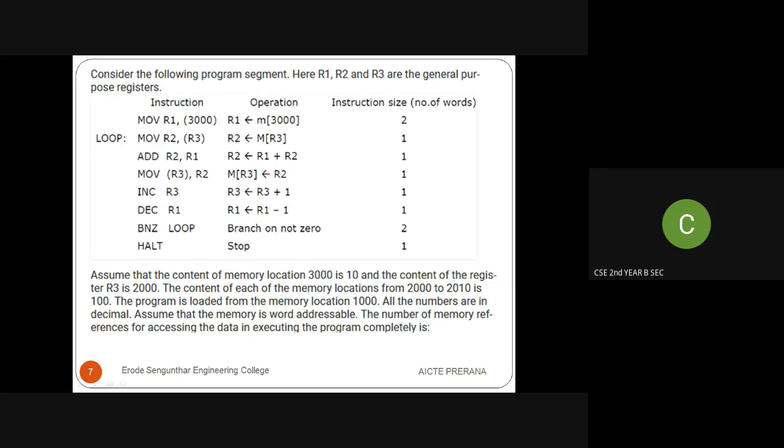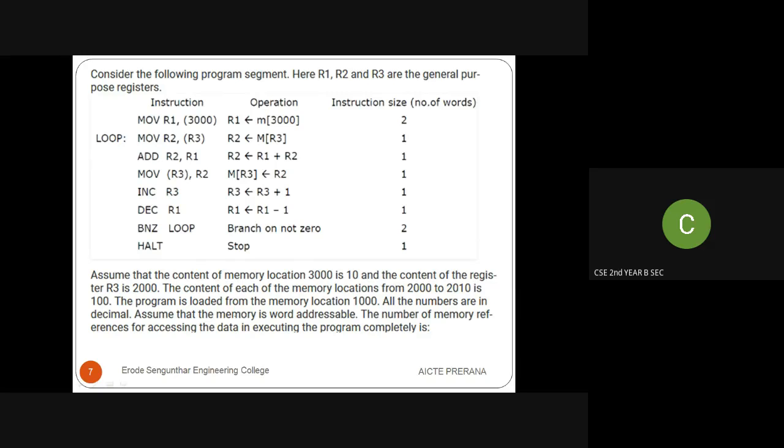So we have to analyze the instruction operation and instruction size in terms of words they have given. So let us see what they have given. Move R1 comma 3000, content of 3000. So the basic operation is that the content of 3000 location will be moved to R1.